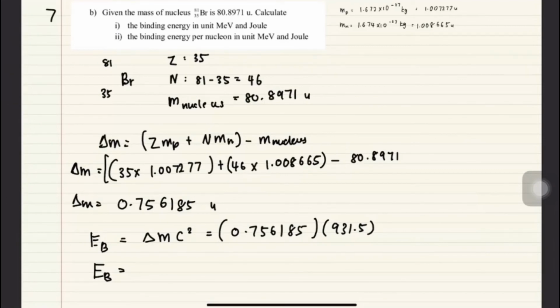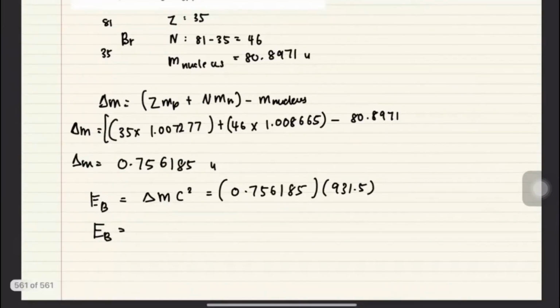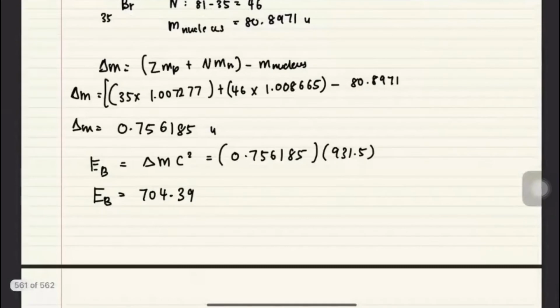Saya kira balik. Okay, I got 704.39. Okay, this one correct. 704.39. Unit dia apa? Ya tak, saya cakap kalau pakai U tu dah 931.5, unit dia apa? MeV. Yes, mega electron volt. So M tu adalah mega, eV tu adalah electron volt.